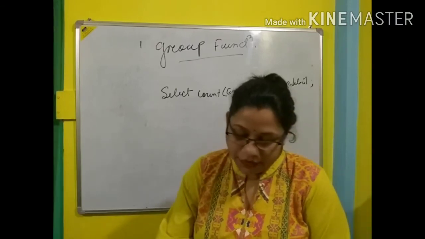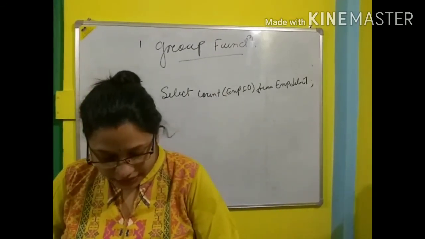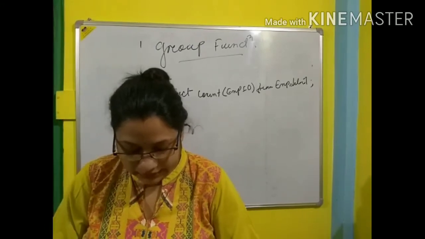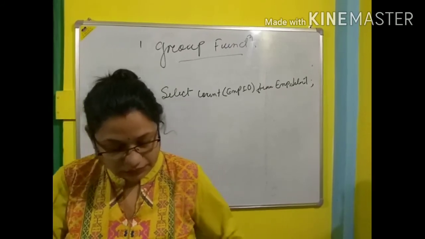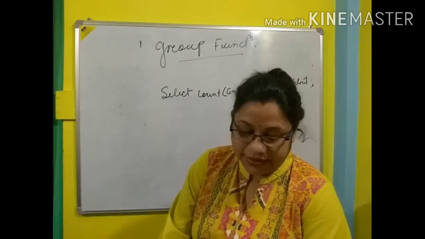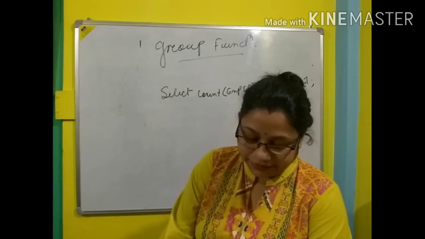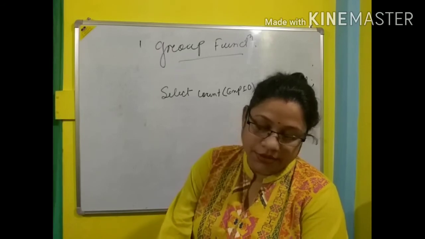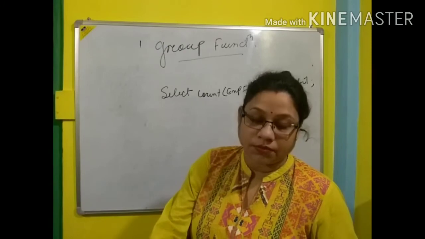Why? If you look at figure number 12.46, you can notice many rows are there, but out of them only 3 rows are selected, because count returns the number of values in the specific column.